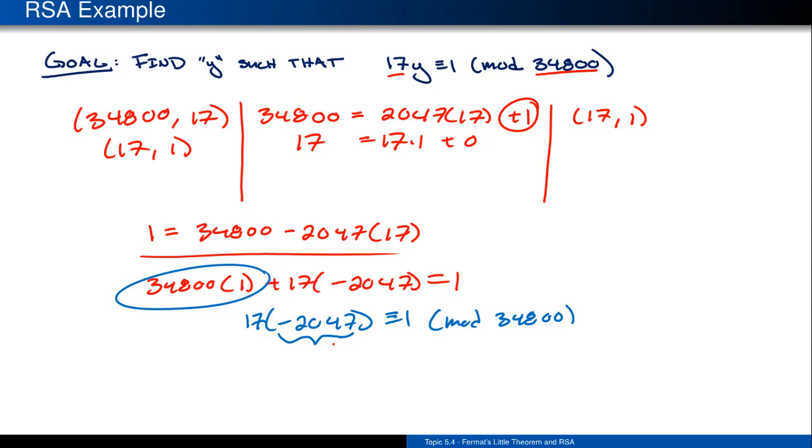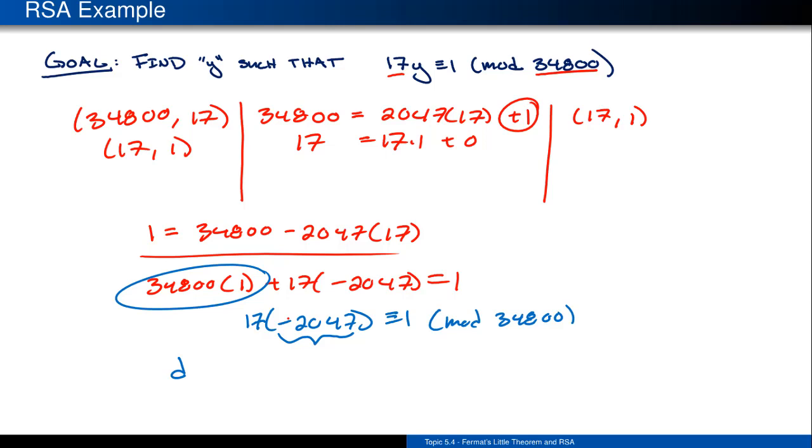Except in this situation, I'd like to work with something that's actually positive, because that little d is going to be an exponent in this secret decoder, and I don't want to be dealing with negative exponents. So I'm going to take this negative 2,047 and add 34,800 to it.